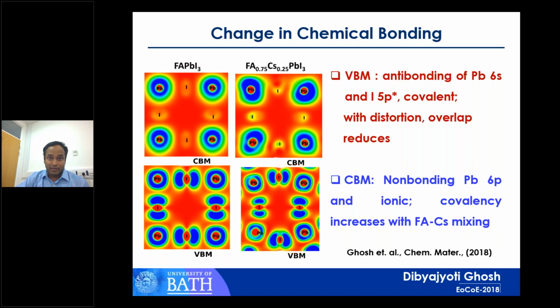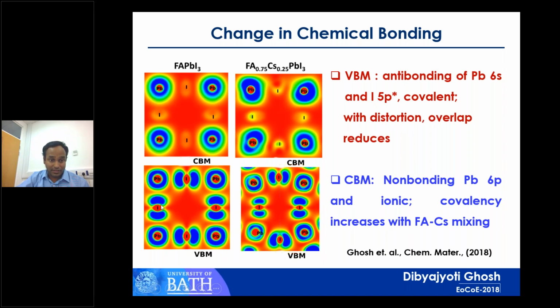We also look into how the chemical bonding nature is changing with this cation mixing. First of all, we see that the valence band is anti-bonding between the lead 6s and iodine 5p orbitals. It's covalent in nature, as you can see here.